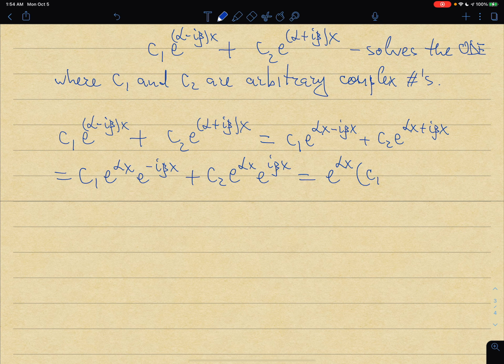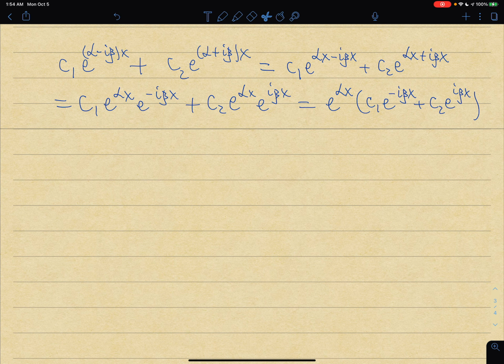And inside I have C1 e to the minus I beta x plus C2 e to the I beta x. If I look at e to the alpha x, this is already a real number, because alpha is a real number, x is a real number, e to the alpha x is a real number. So the only complex stuff is inside the parentheses here.